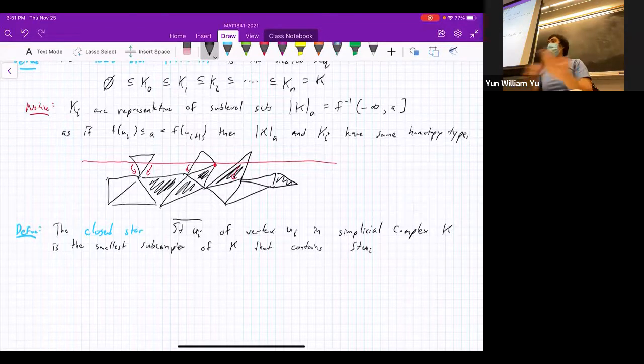And note, of course, that's because the star of a node doesn't include all of the subbases of that. And so this is basically taking the star and then taking all the subbases in such a way that you actually get a subcomplex.